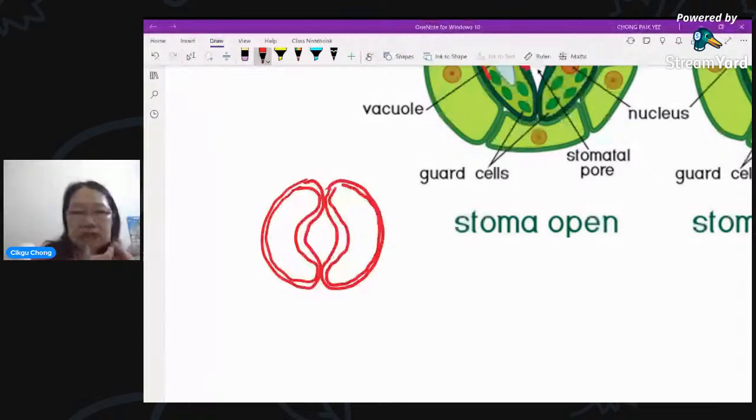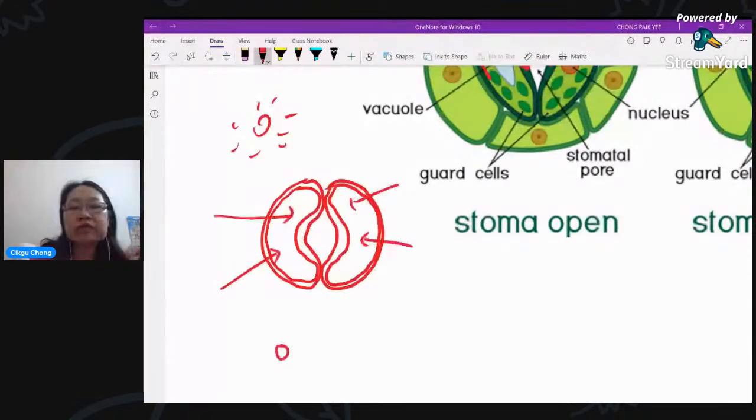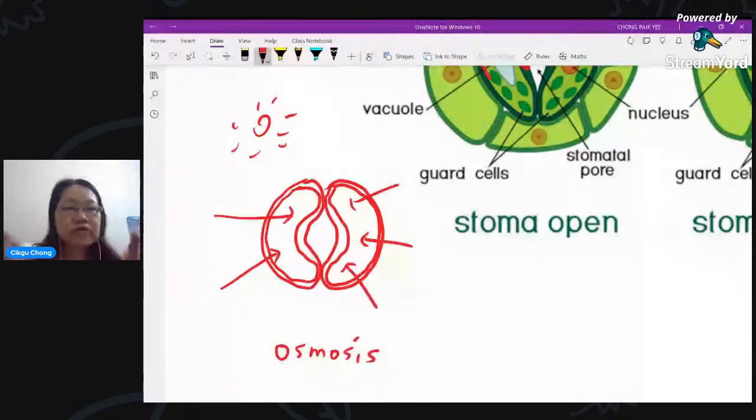So in the daytime, when you have high light intensity, water is going to rush into the cell. Water will move in. Afterwards, we'll see why water moves in. There's a process called osmosis. Water goes into the cell, it's just like a balloon, you pump in air. What happens to the balloon? The balloon becomes bigger and bigger and bigger, isn't it?